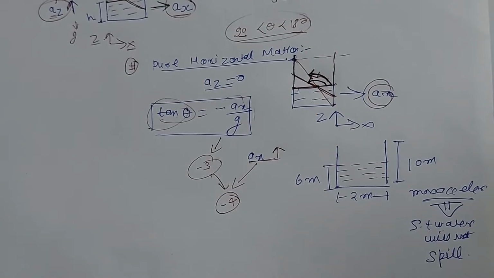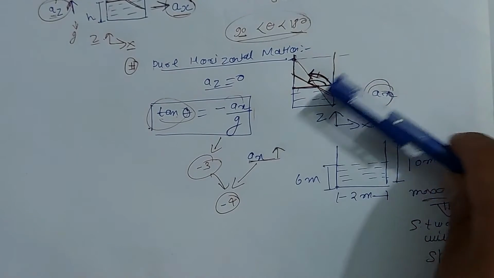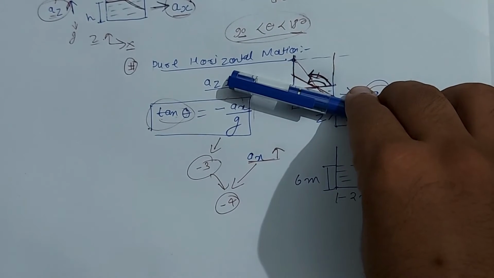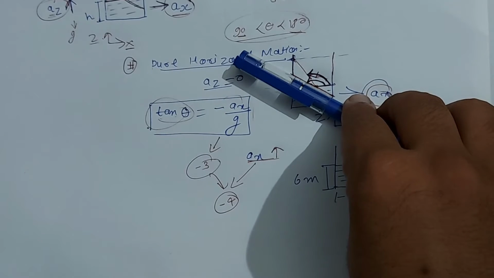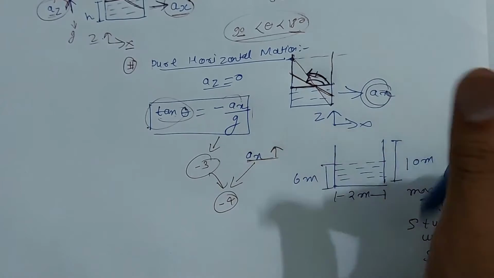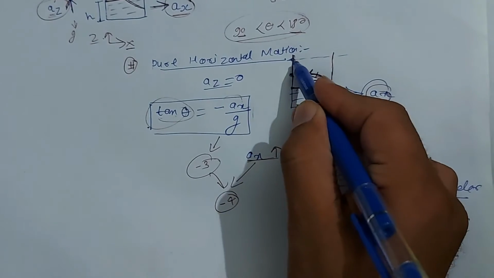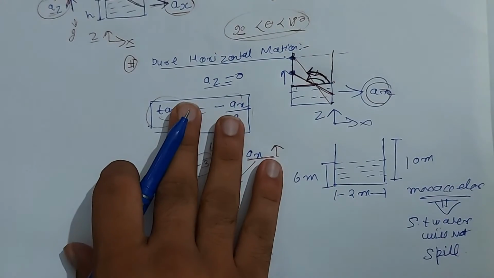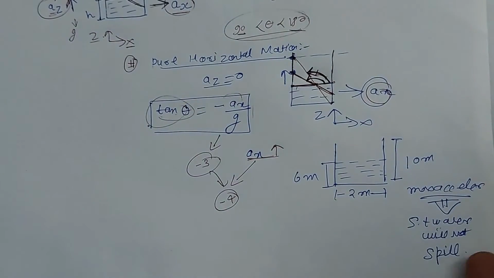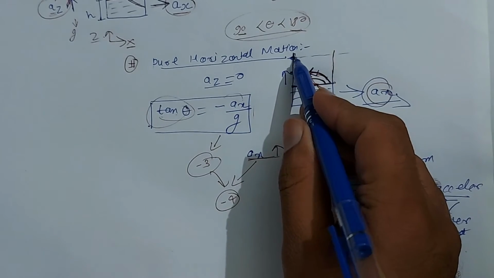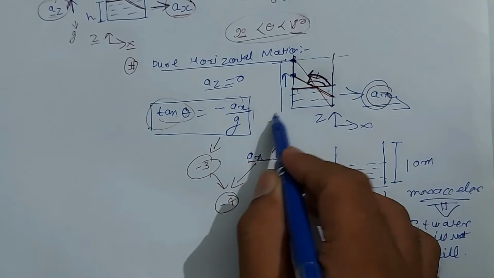As discussed earlier, we know that if we increase the acceleration, the free surface slope increases and the free surface will rise up, and there is a chance of water spilling out. For the acceleration at which it will equal the height, we would get the maximum acceleration.